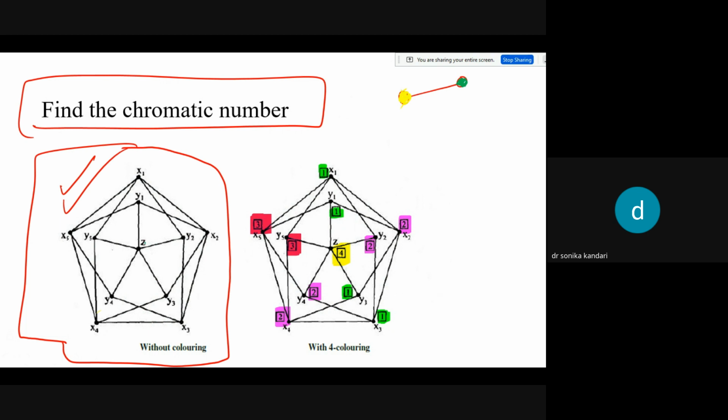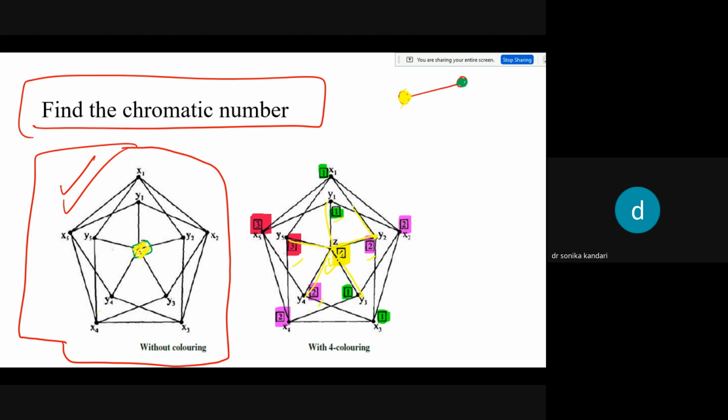Now the center one was Z, and Z is yellow color. So its adjacent nodes are y2, y1, y5, y4, y3. So none of them is having yellow color. Is it clear? And see, y2 is having purple.